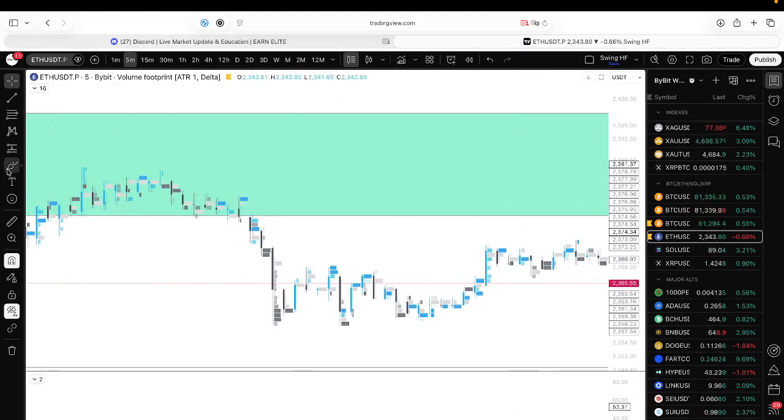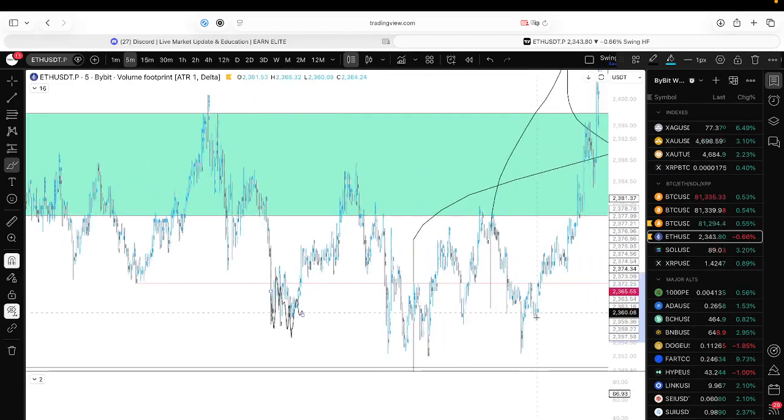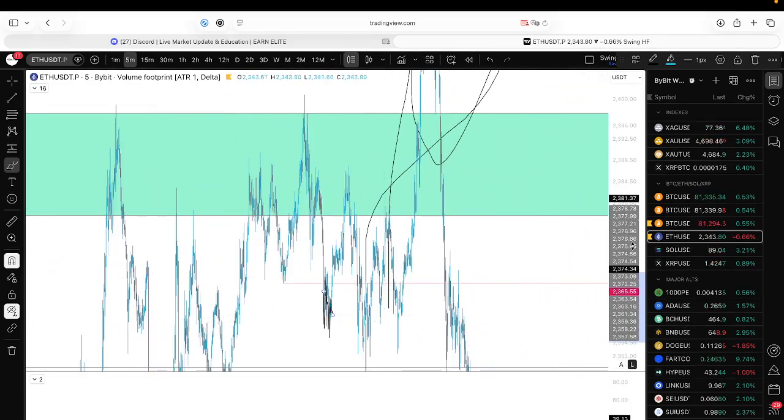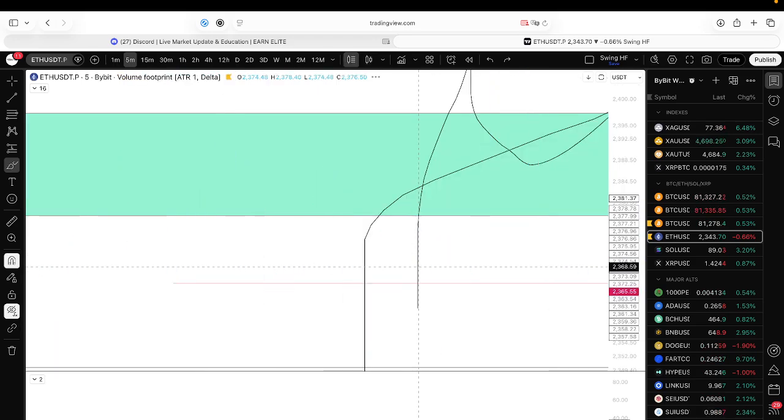So again, this turned into another resistance, and then it went down here, started to range, didn't have a great reaction, and started to lose a bit. So it wouldn't be a setup I would play, I mean, for the SFP.